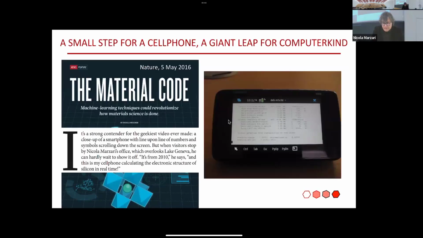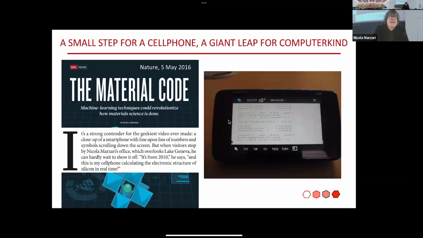And they're computable not only on the supercomputers that we have here in Lugano or across the world, but, and this is probably my finest accomplishment, you can use a cell phone. This is from 2010, my Nokia Linux cell phone, where I installed everything, linear algebra, fast Fourier transform, and in 45 seconds, it calculates the ground state of silicon.